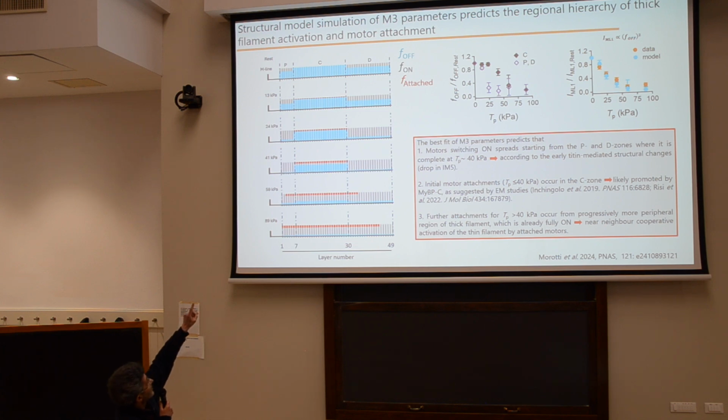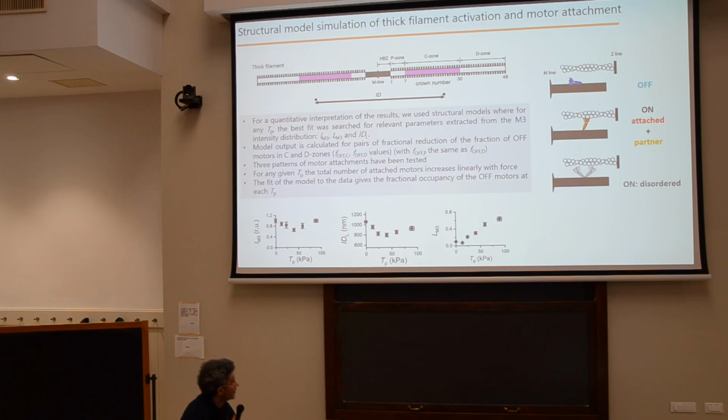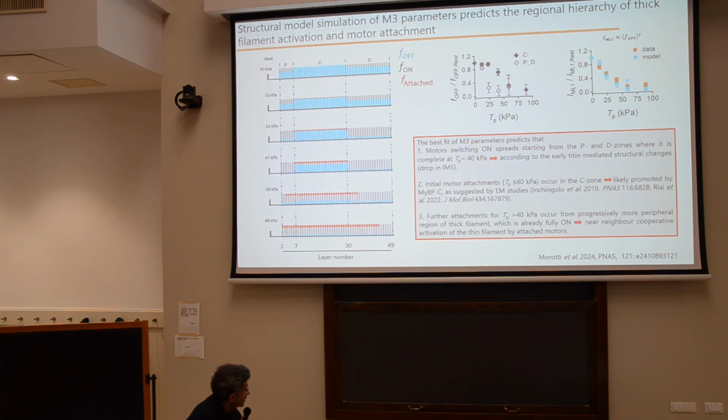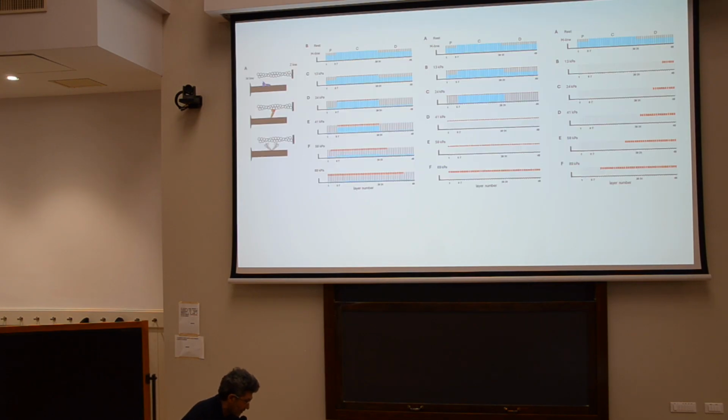But then, if you try to fit the parameters of the reflection, of course you need a structural model, and you end up with this condition. I want to show you also other trials that we have done. For example, trying to attach the motors all in a uniform way on the thick filament, or trying to attach the motors at the extremities of the thick filament.